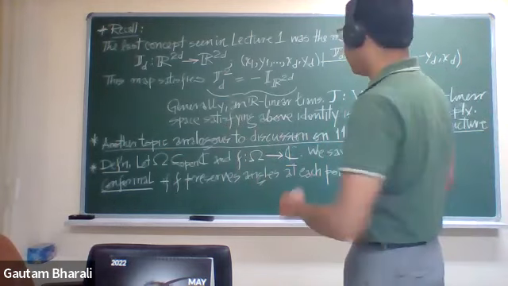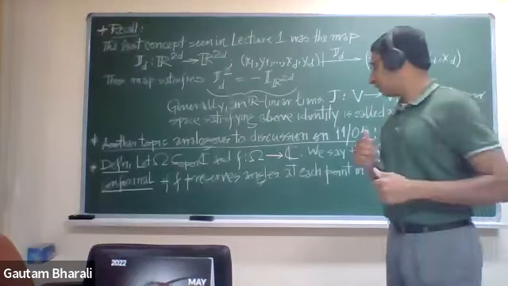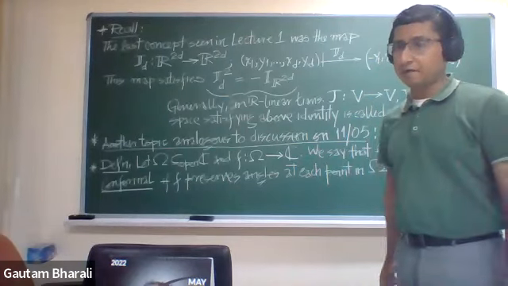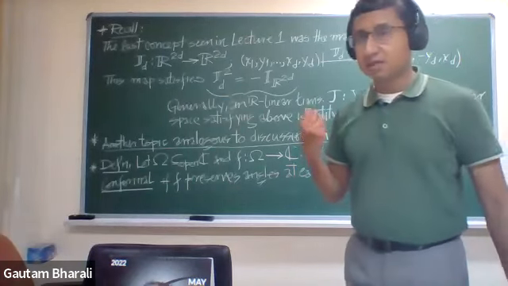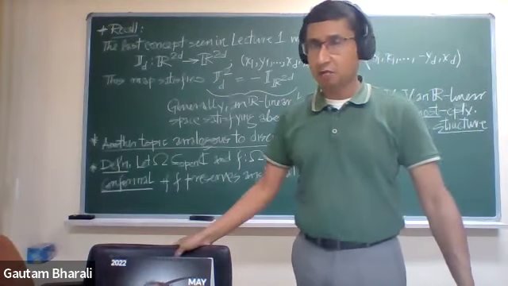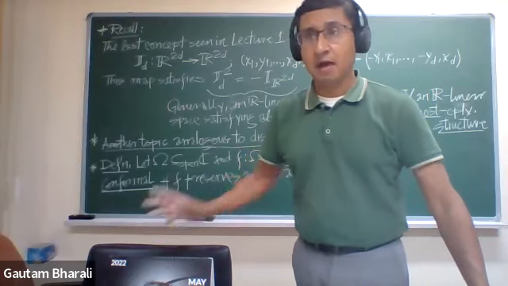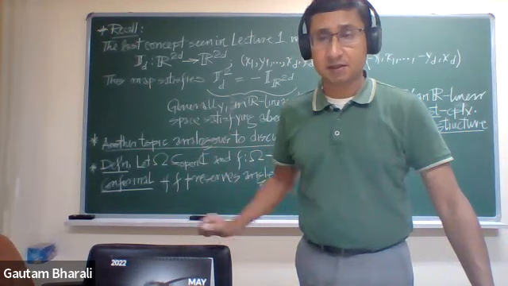Since this is a course on linear algebra, you would probably be able to intuit that if I want to talk about preservation of angles, I somehow need two vectors.